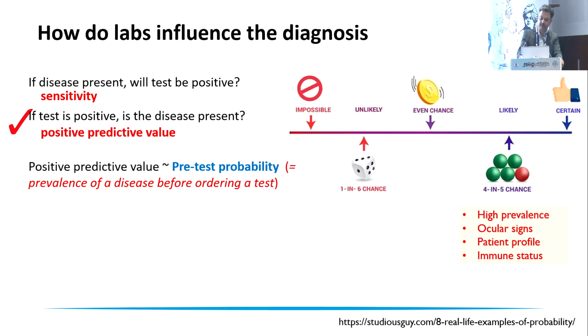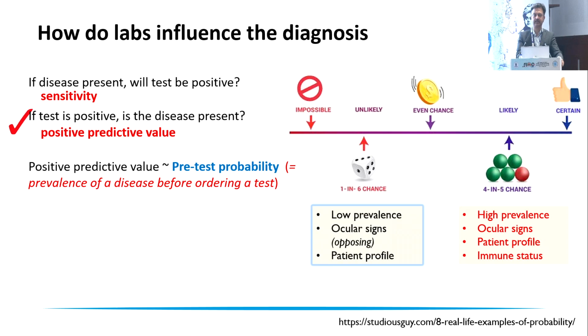When you're very sure, one is a very high prevalence of the disease. TB in our country is one example. The ocular signs are, and this is what I want you to focus on, very suggestive of a given disease. The patient profile, a good example is HIV, or the immune status suggestive of a particular diagnosis. On the other hand, if there's a low prevalence, birdshot is a good example.